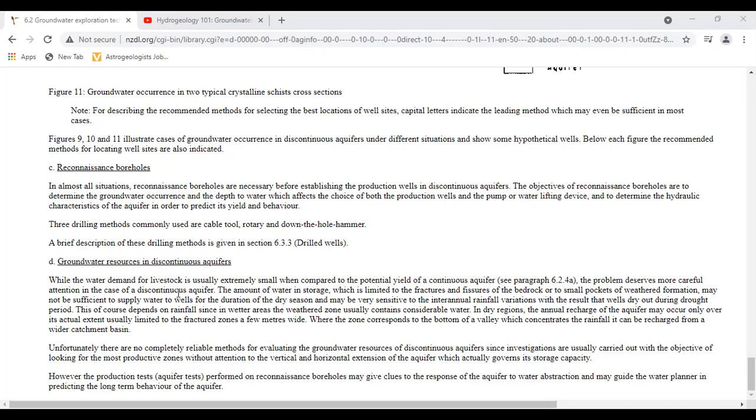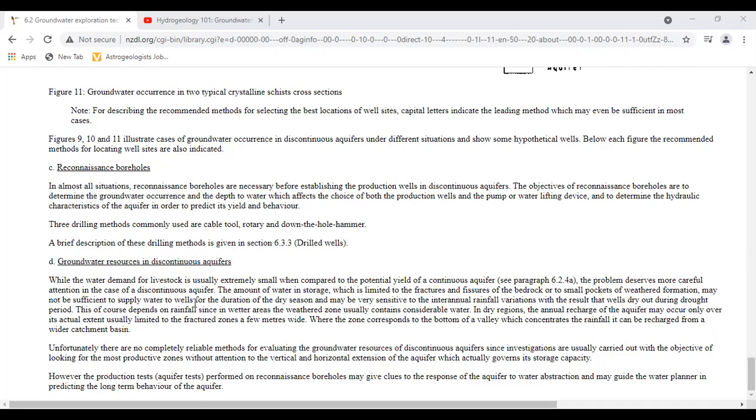Groundwater resources in discontinuous aquifers. While the water demand for livestock is usually extremely small when compared to the potential yield of a continuous aquifer, the problem deserves more careful attention.